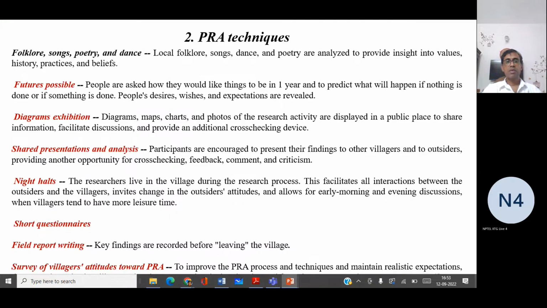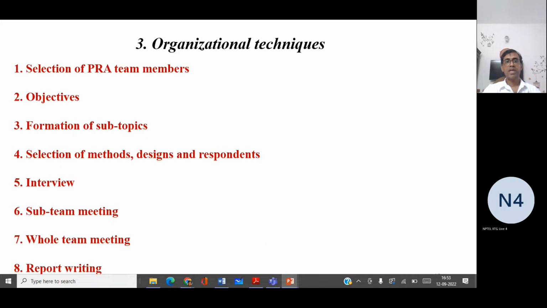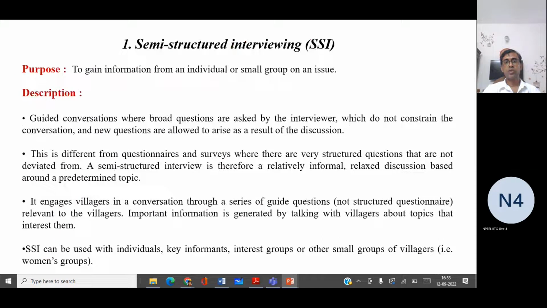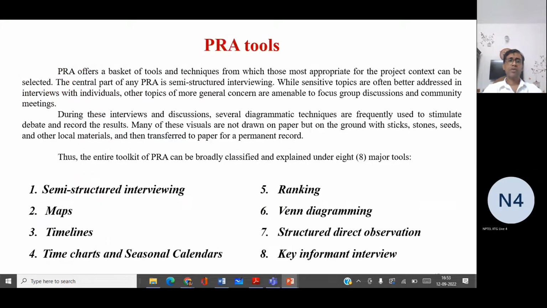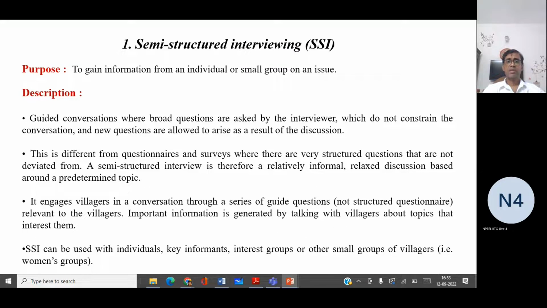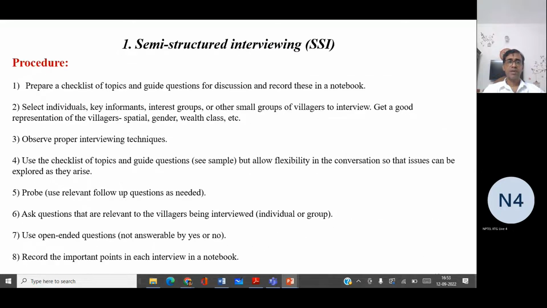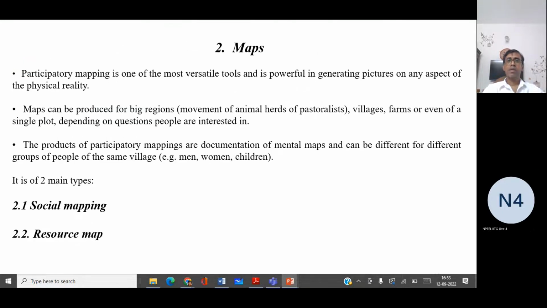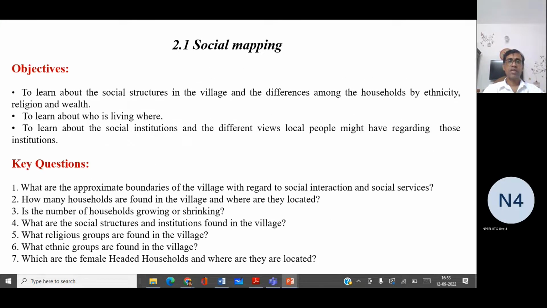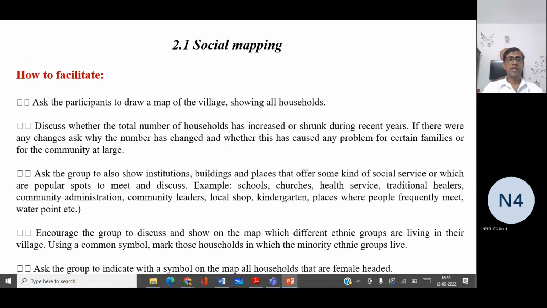We also discussed the different kinds of PRA tools, and when we talk about PRA tools, there come interviews, maps, timelines, ranking, all these aspects. Each one of them we discussed separately, with or without examples. And I'm sure that you must have studied all these aspects very critically.